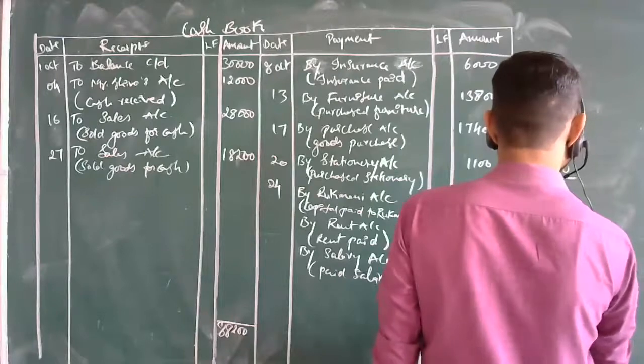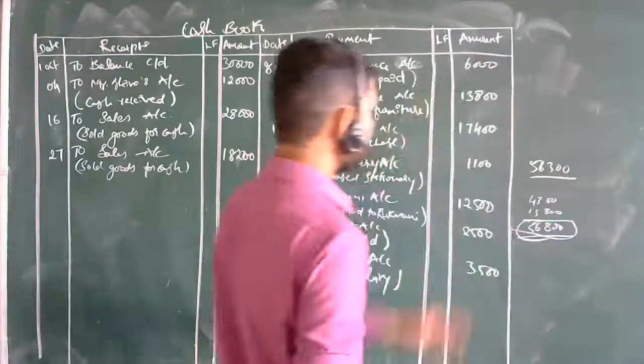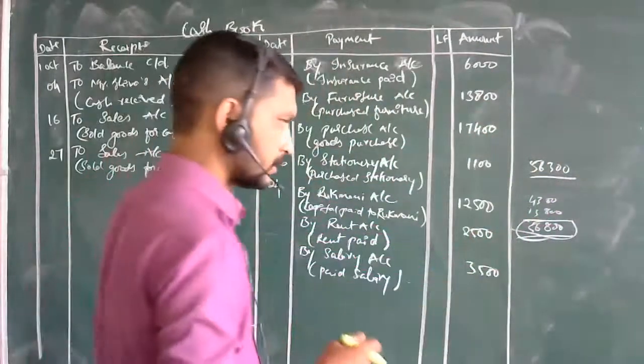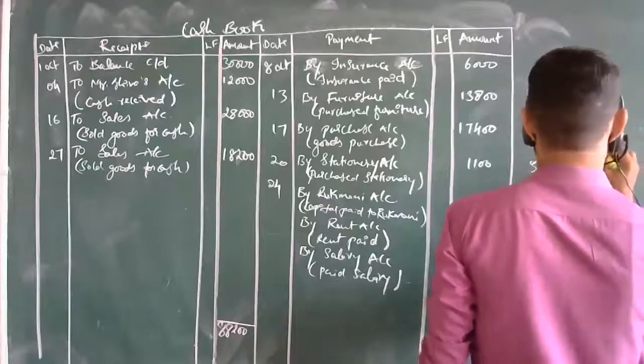Correct? Yes, sir. 56,800. Yes? Yes or no? Yes, sir. 88,600. If you reduce 56,800, what will be the value now?